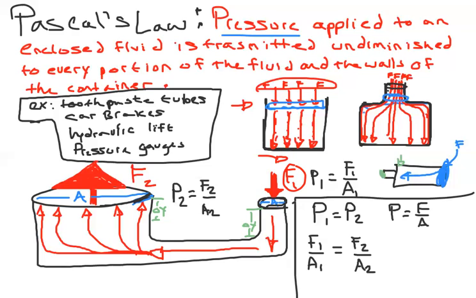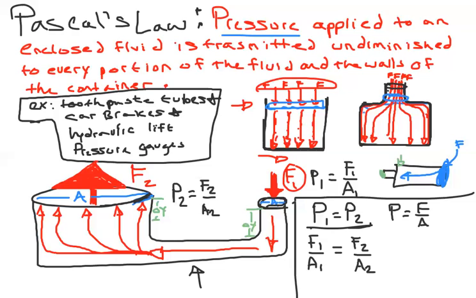Based on the amount of area, when we say the pressures are equal, how do the mathematics work for a hydraulic lift, car brakes, or a toothpaste tube? Essentially, the pressure being applied to one end is equal to the pressure throughout the system.